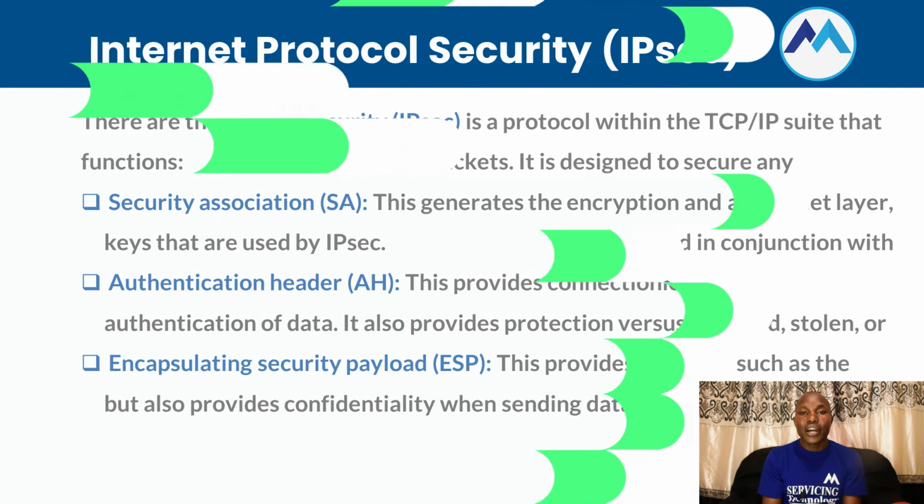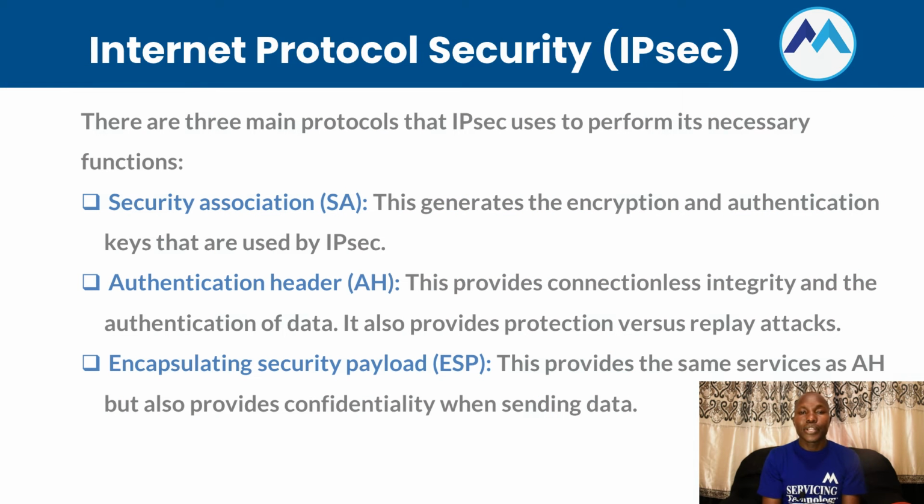Guys, there are three main protocols that IPSec uses to perform its necessary function. Number one is Security Association, which generates the encryption and authentication keys that are used by IPSec.